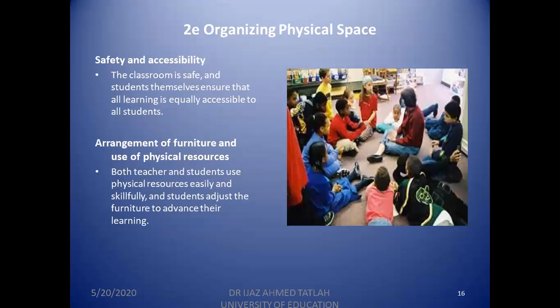Organizing physical space. It's very necessary to be physically at some distance and sit relaxed, as you can see in this diagram in the classroom. The teacher herself is sitting on the ground, and the students are in a relaxed mood.